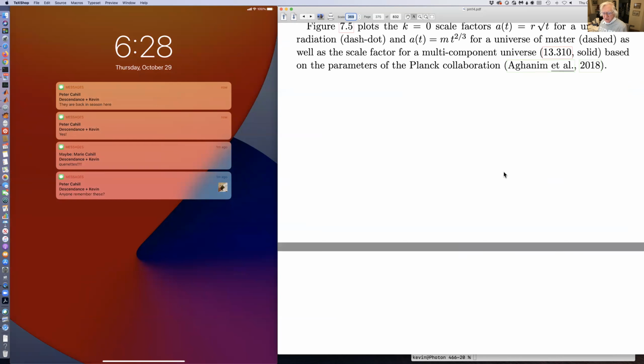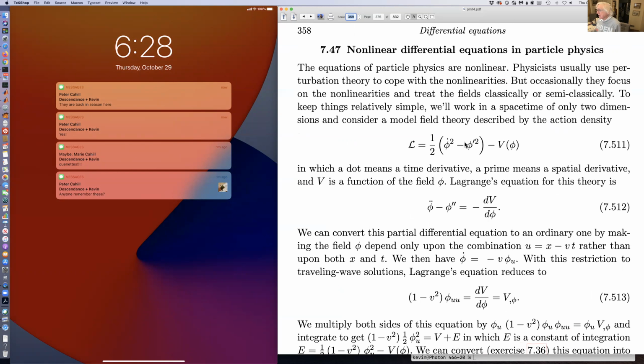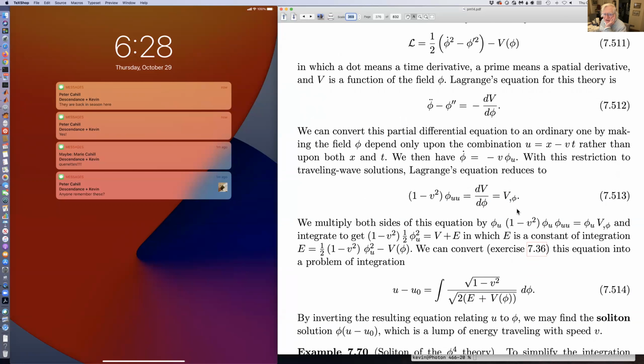Now in field theory, whether classical or quantum, you can have nonlinear differential equations. And if we look at a theory of one space and one time dimension, then if V is quadratic, this gives us linear equations. But if V is not quadratic, if V is cubic or quartic or just a general function, then this equation is not a linear equation. On the other hand, one can play various tricks to make it simpler.